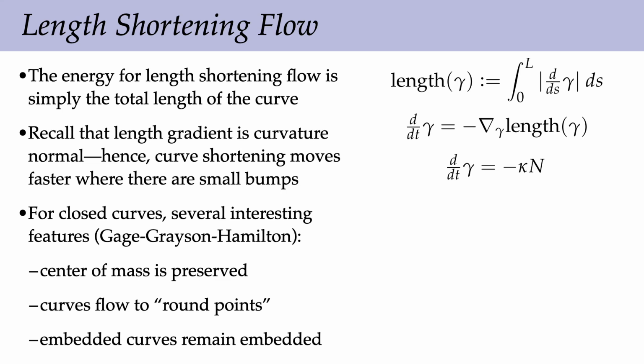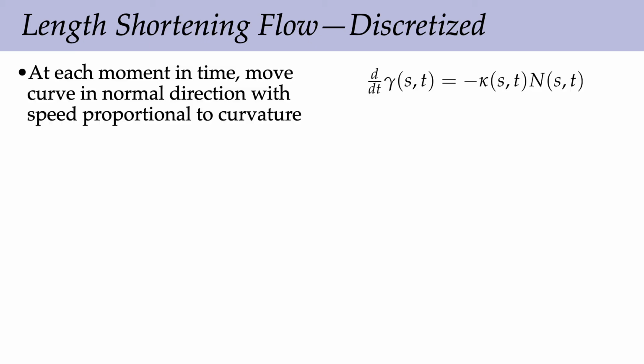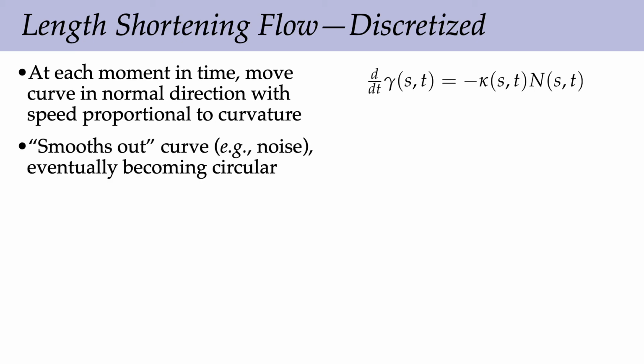Okay? How can we talk about length shortening flow or curve shortening flow in the discrete case? Well, we do the same thing. We say at each moment in time, we want to move the curve in the normal direction with speed proportional to curvature. Okay? And this is, again, going to smooth out the curve, reduce noise, while eventually becoming circular.